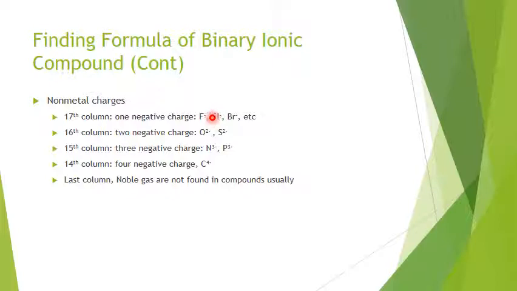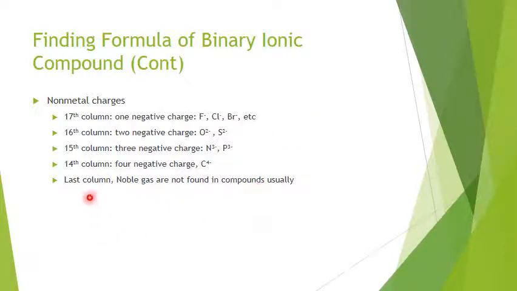So F minus, Cl minus, Br minus, and so forth. The column next to that, to the left, gets 2 minus: O2 minus, S2 minus, and so forth. And the column left of that gets 3 minus, and the column left of that gets 4 minus.